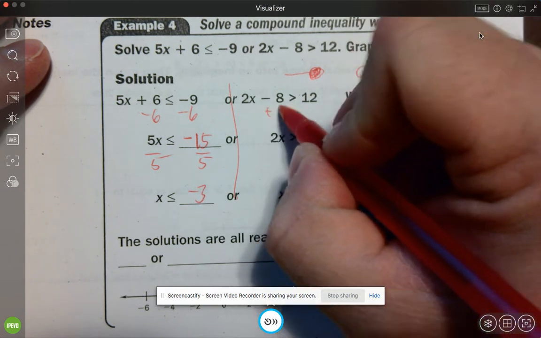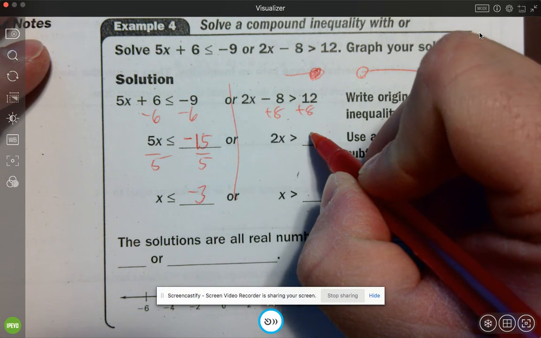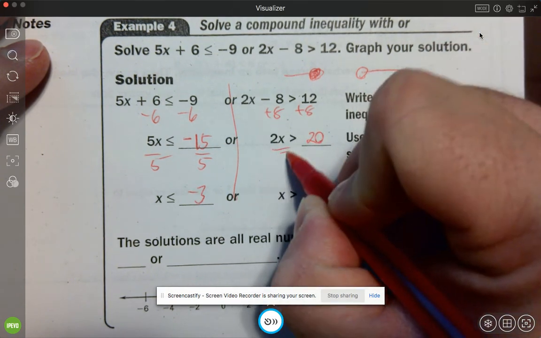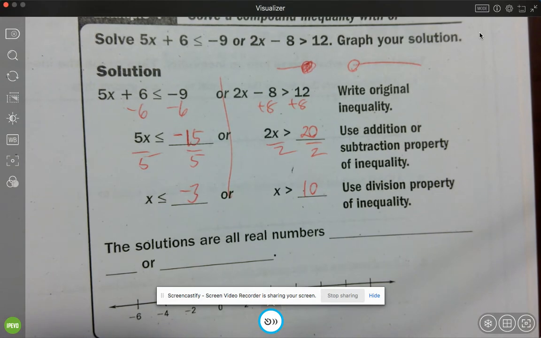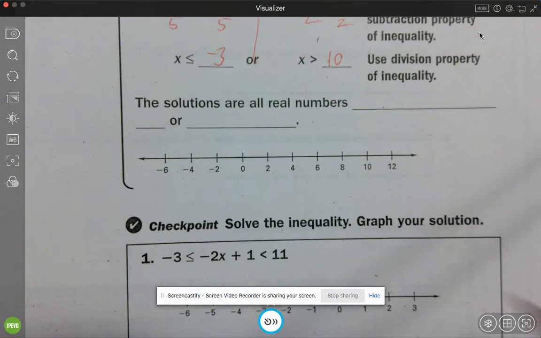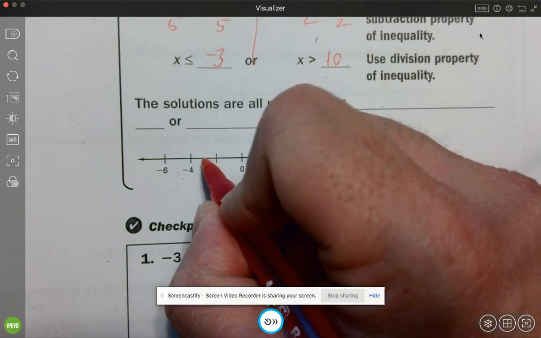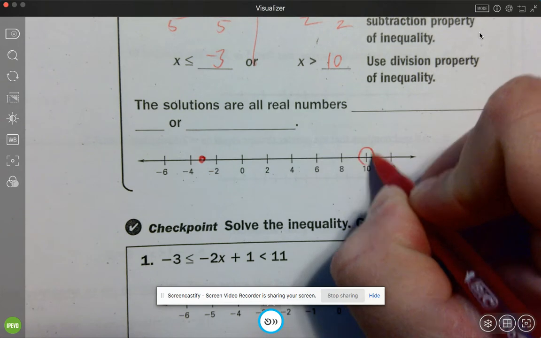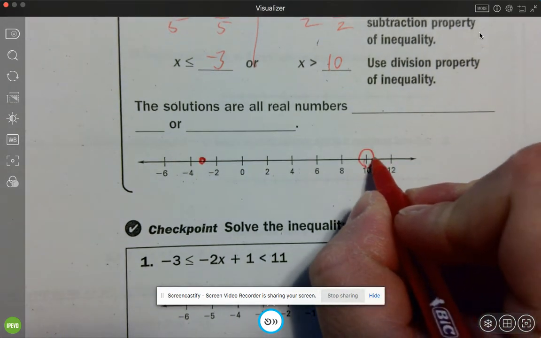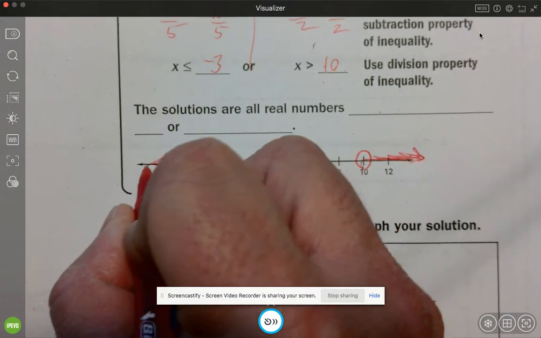Over here, add 8 on both sides. 2x is greater than 20. Divide by 2, and x is greater than 10. So we put our solutions, looking for the split. We get a closed dot at -3 and an open dot at 10. That is going to be greater than, pointing to the right, and the other is less than, pointing to the left.